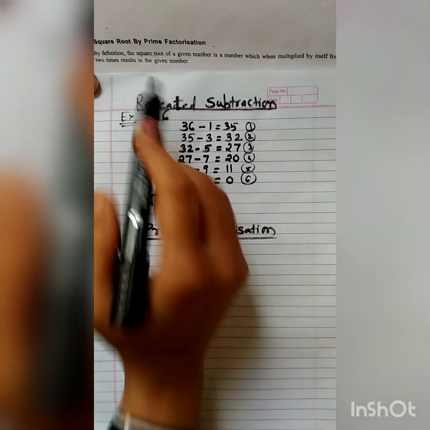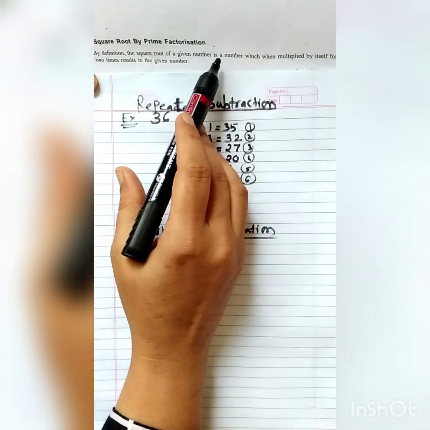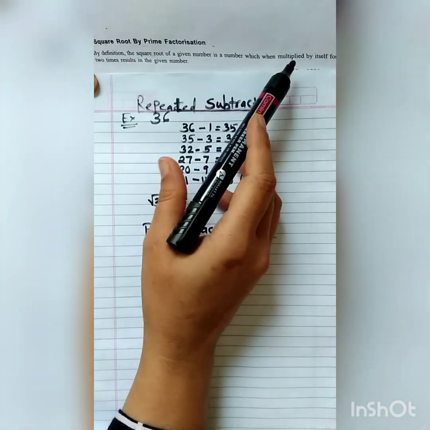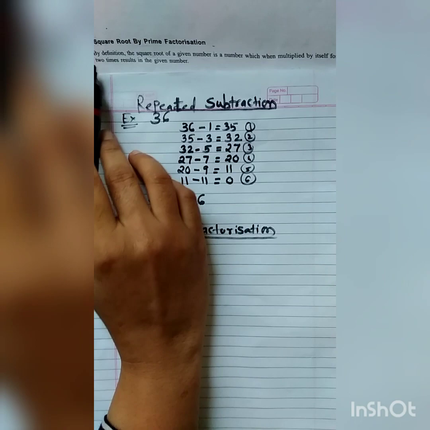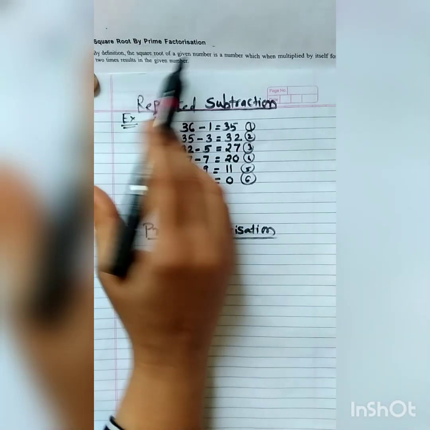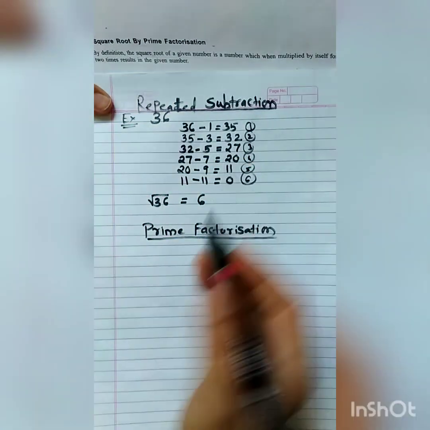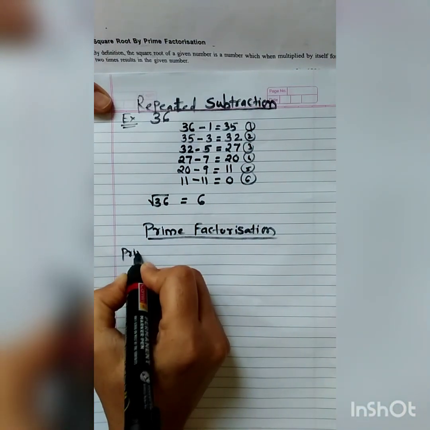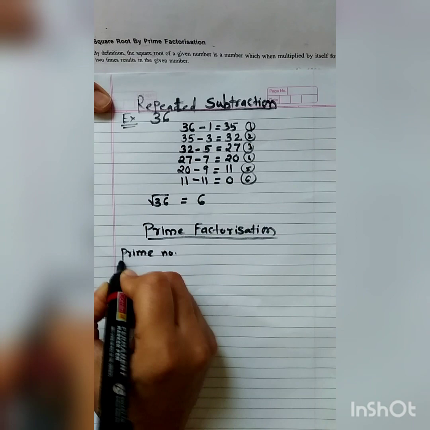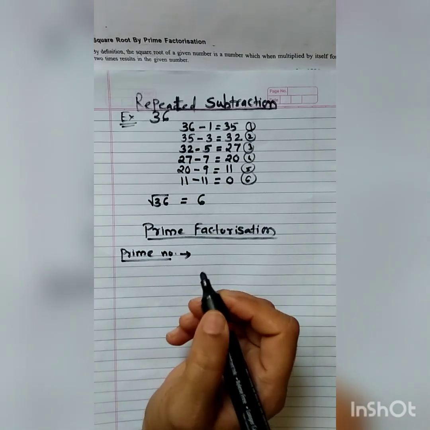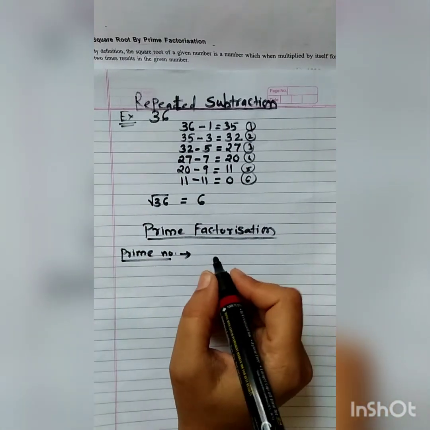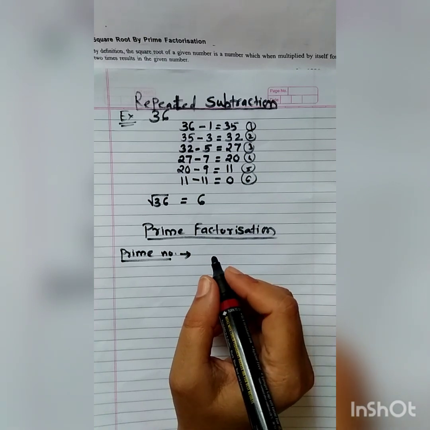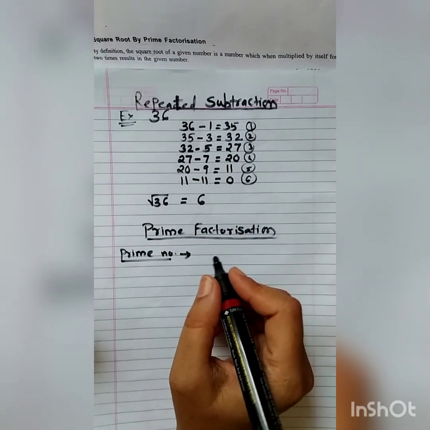By definition, the square root of a given number is a number which when multiplied by itself 2 times results in the given number. Now when we are talking about prime factorization, we must know about prime numbers. What are prime numbers? Numbers which are divisible by 1 and the number itself are called prime numbers.